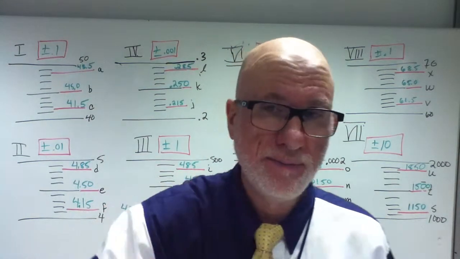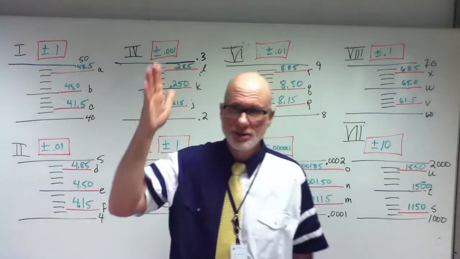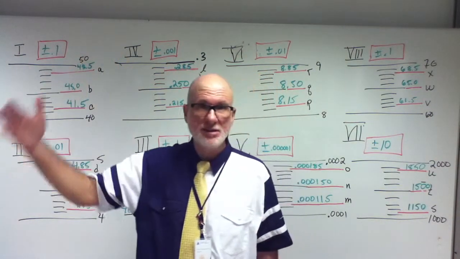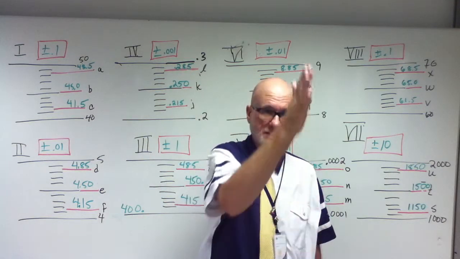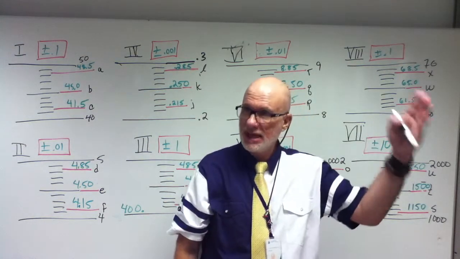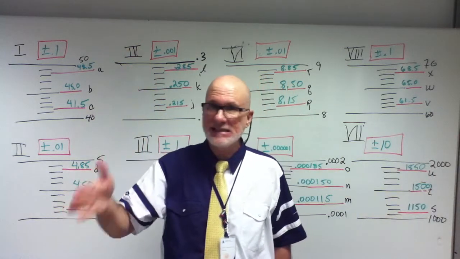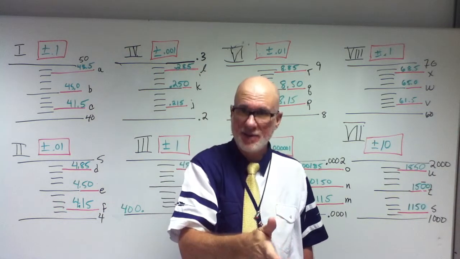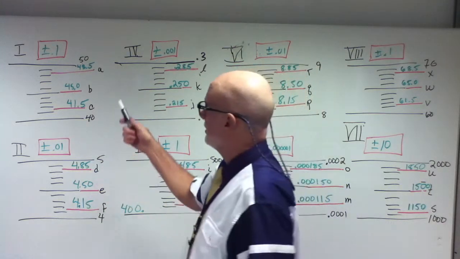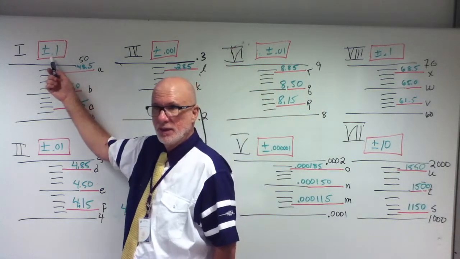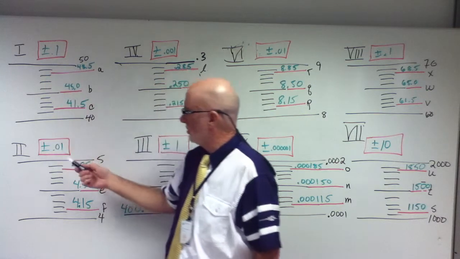Tenths, right? Because it goes thousands, hundreds, tens, ones, tenths, hundredths, thousandths, etcetera. So if I'm at tens, ones, tenths, that's the uncertainty. It's going to be 0.1. Clear? How do I do number 2?